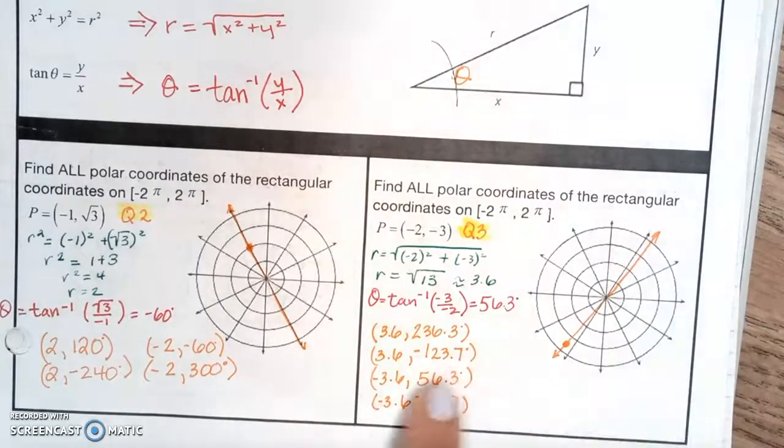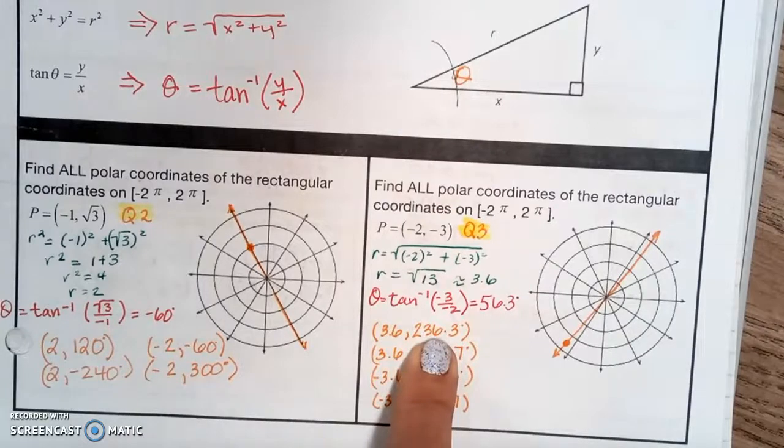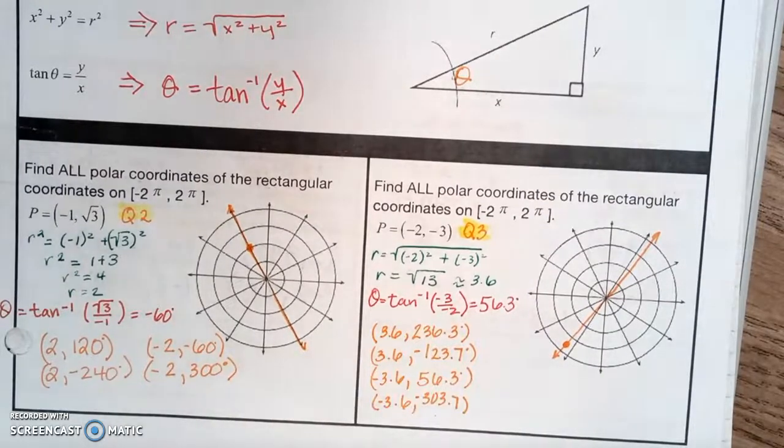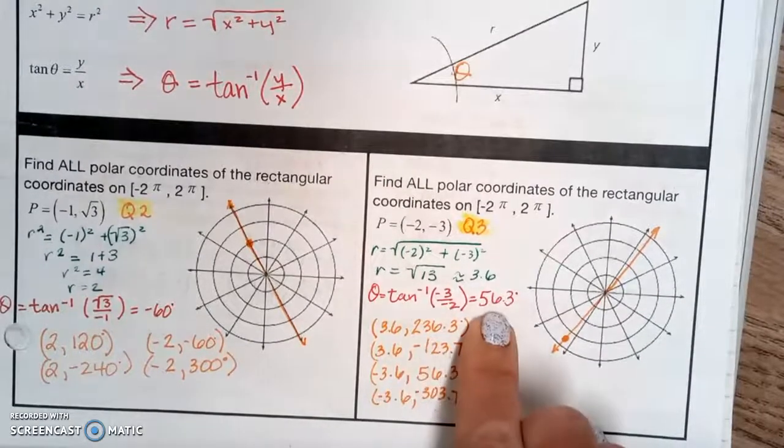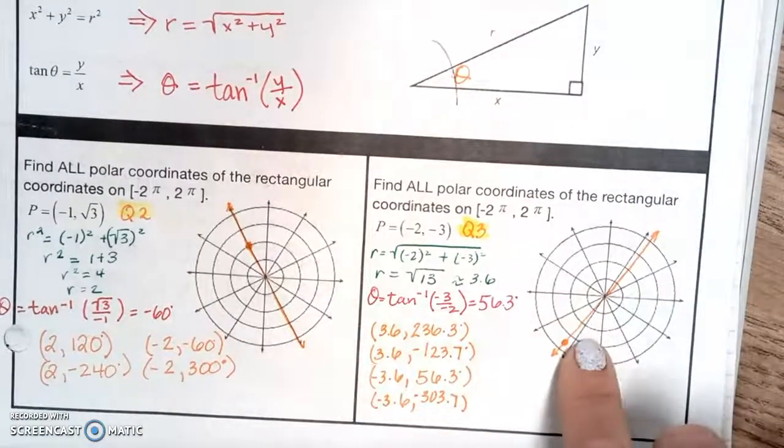And then to calculate this number, I just subtracted 56.3 from 360. Or, no, I added 180 to that, sorry. 180 plus 56.3, yeah. So add 180 to this, that gets you to quadrant 3.